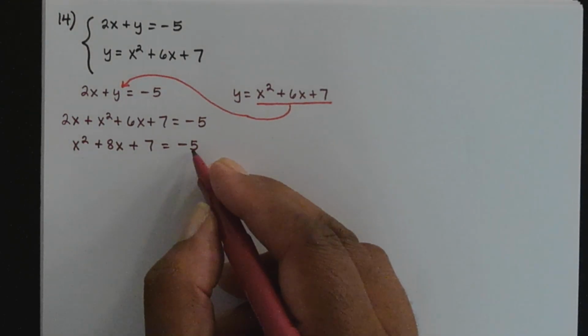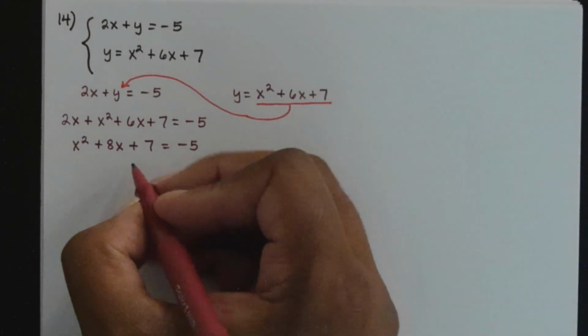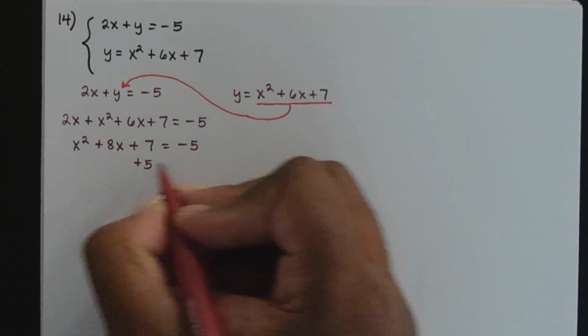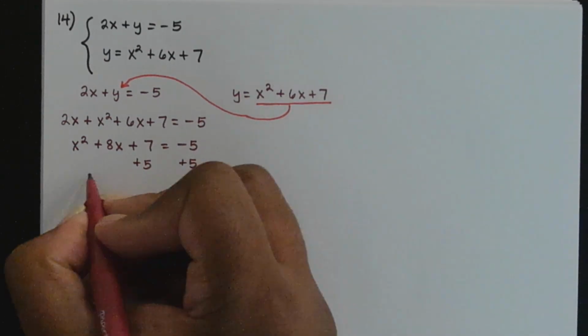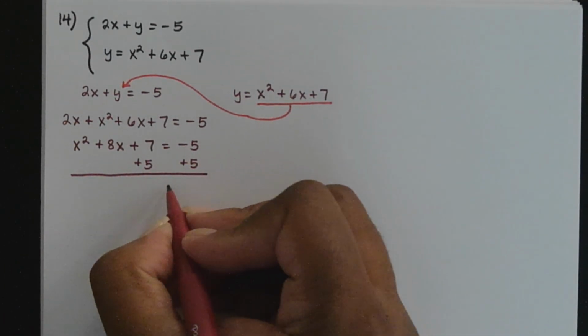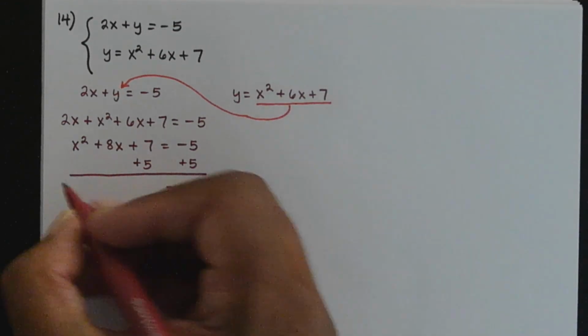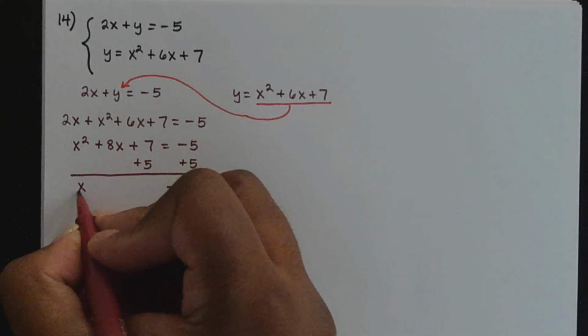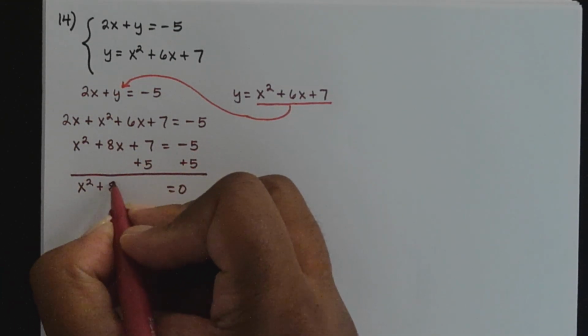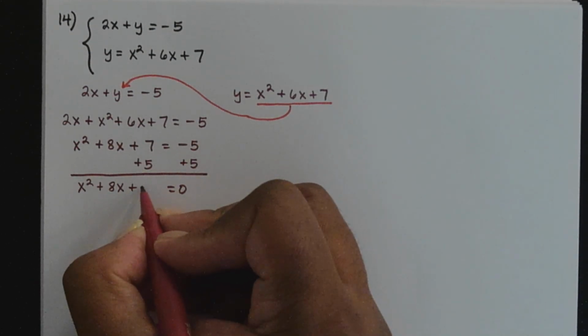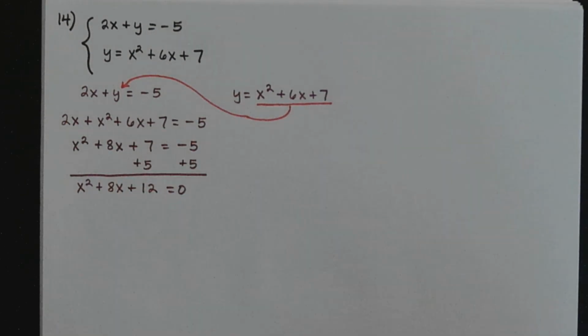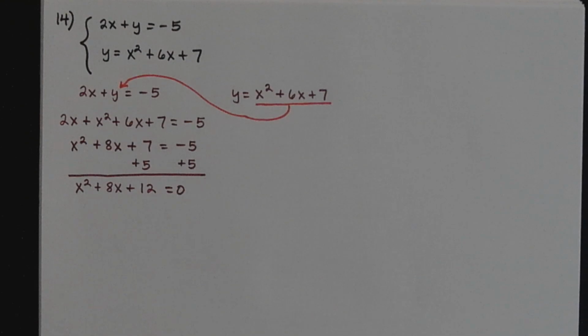So let's move the negative 5 over by adding 5 to both sides. I get a 0 here, but on the left side I have x squared plus 8x plus 7 plus 5 is 12. So x squared plus 8x plus 12 is equal to 0.